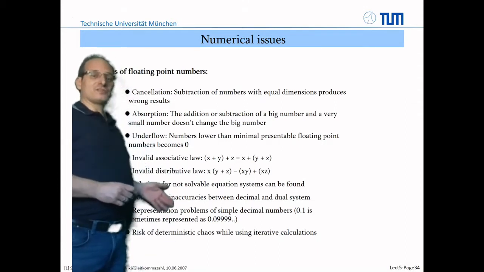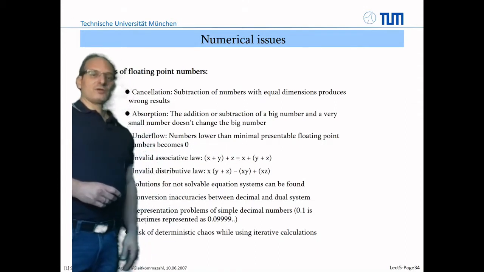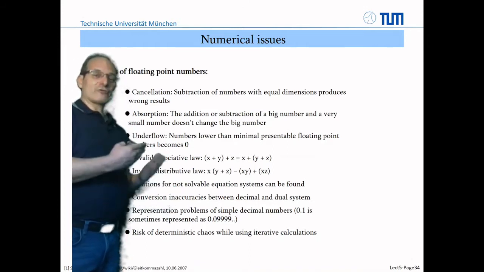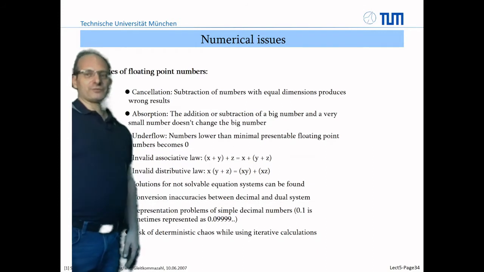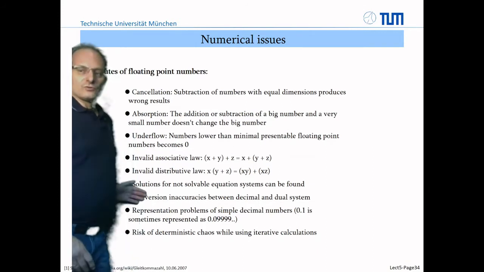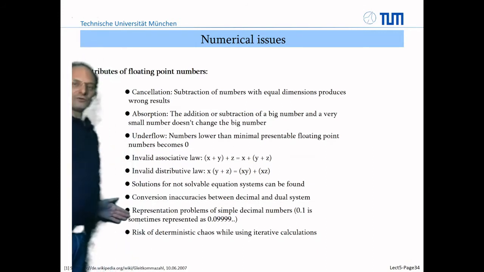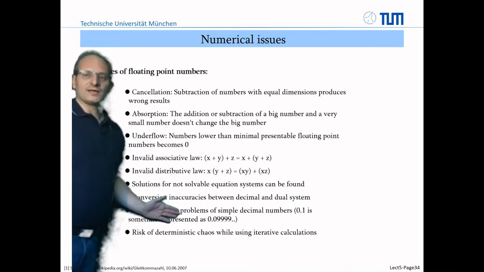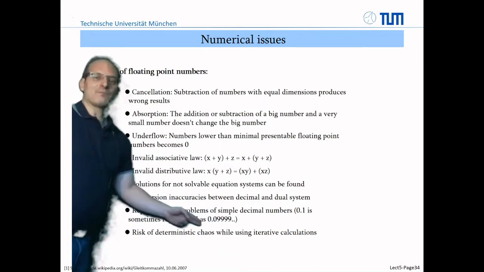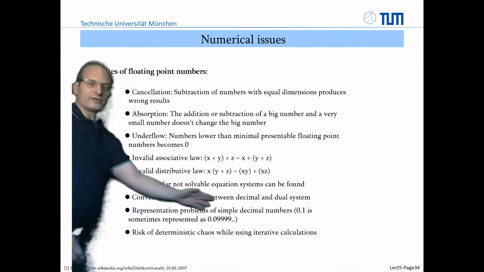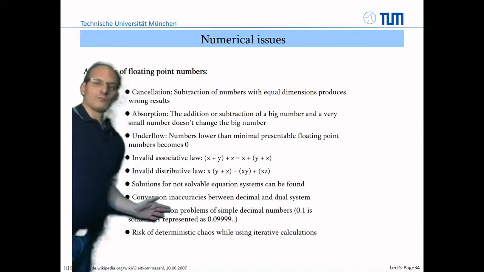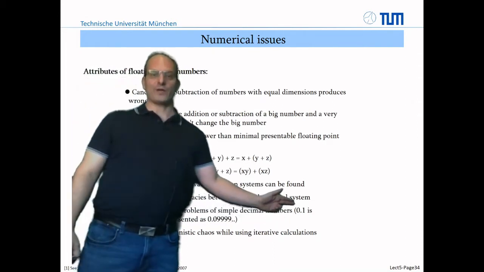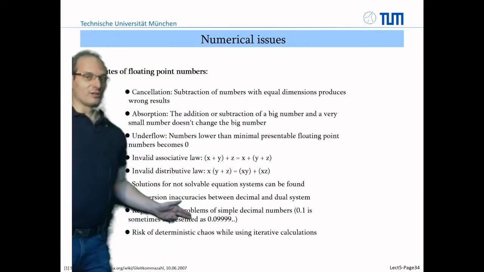And then you have the starting problem, because if you start an iteration with the wrong number, the error can propagate quite much. So, for example, this is also written here, a representation problem of simple decimal numbers, so that you have something like this number here. 0.0999 is almost 0.1, but it's not the same in real math.